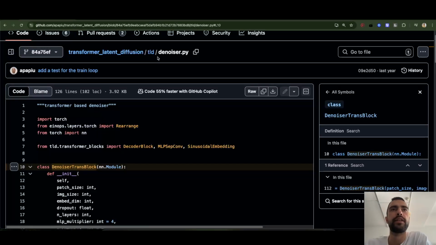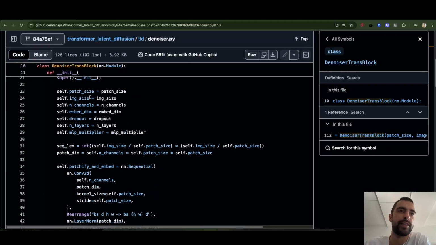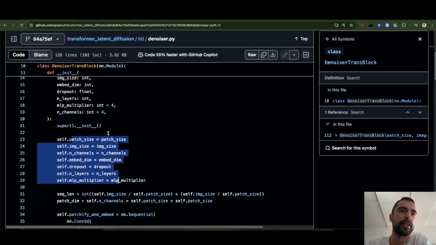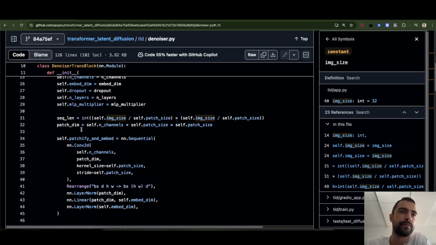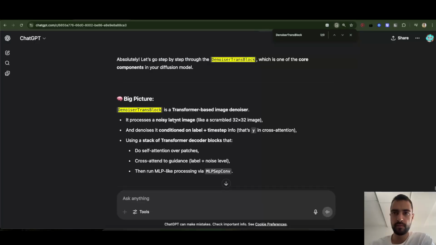So then here in the denoiser pi, we have denoiser transformer block. So let's see. We have a bunch of these hyperparameters, patch size, image size, channels, and etc. So let's analyze this. It processes a noisy latent image, like a scrambled 32 times 32 image, for example, and denoises it conditioned on label and timestamp information.